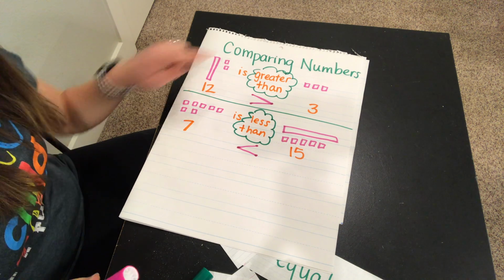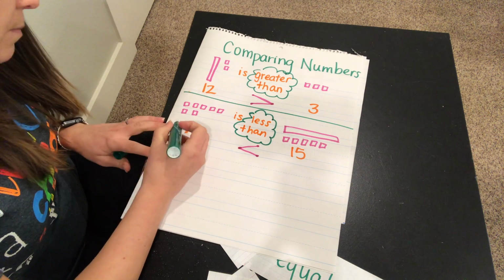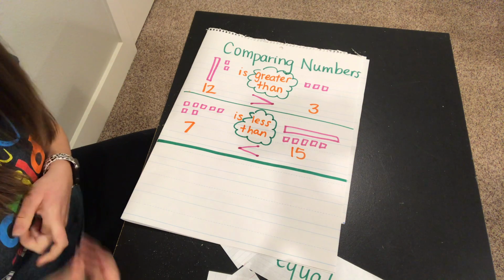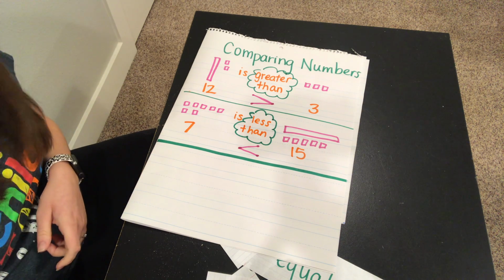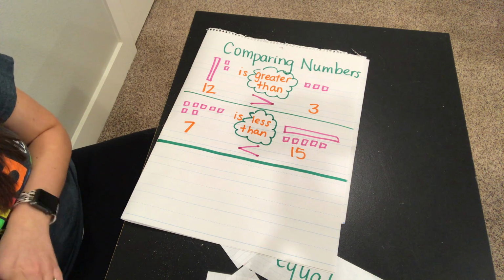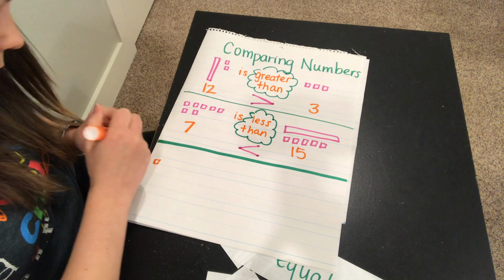Okay, so we have greater than, less than, and then another way to compare numbers. There's one more. Let's find out what that is. Okay, so if I have this many on this side, oops, I've been doing this in pink.